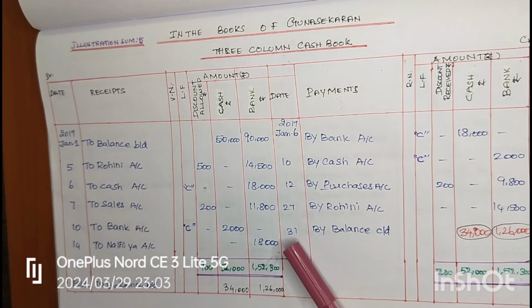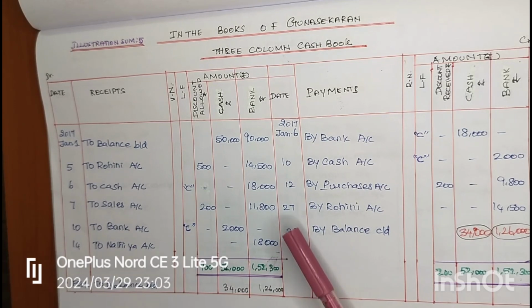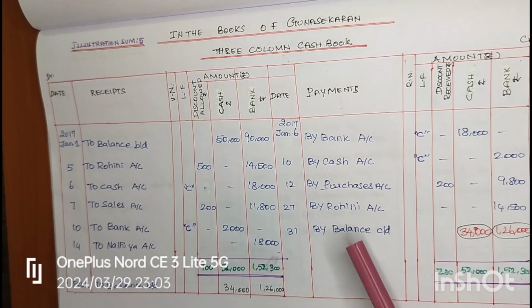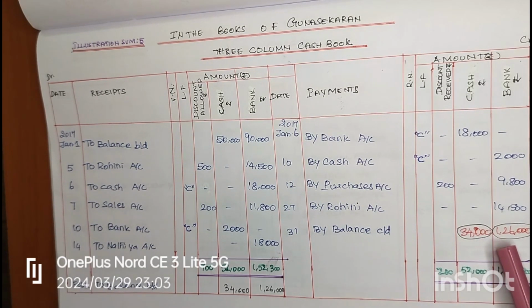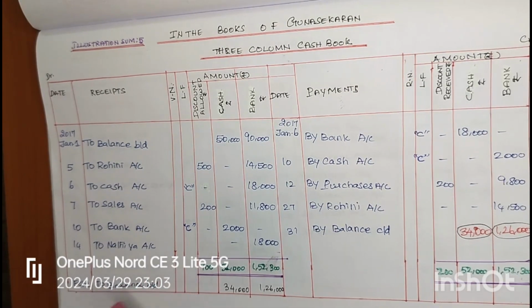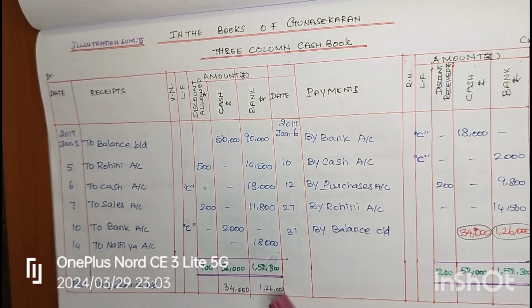This is the last day of the accounting period. So January 31, by balance carried down, means this is the closing balance of the cash amount and the bank account. This is the opening balance of the next accounting period for the cash amount or the bank amount.